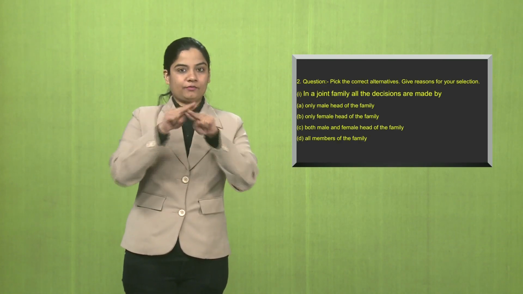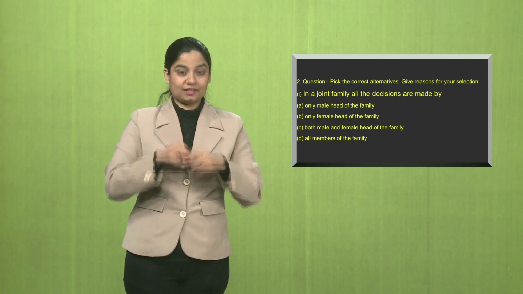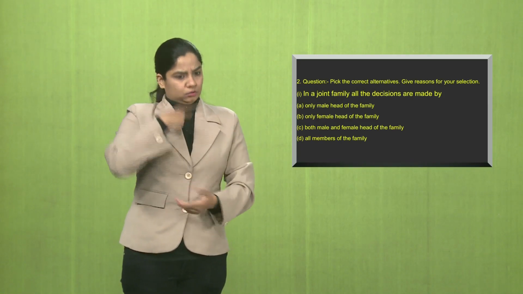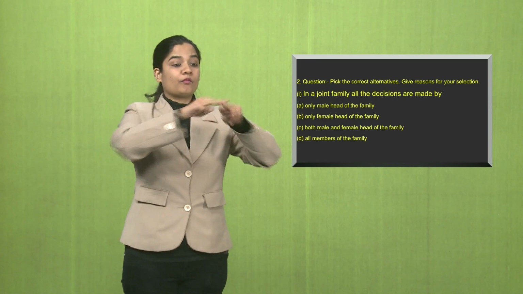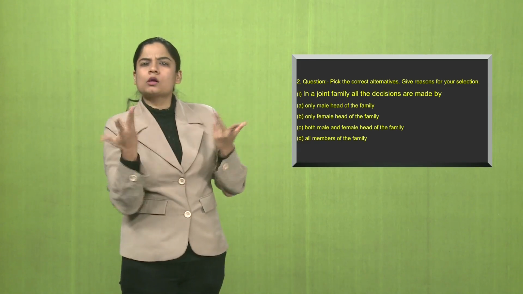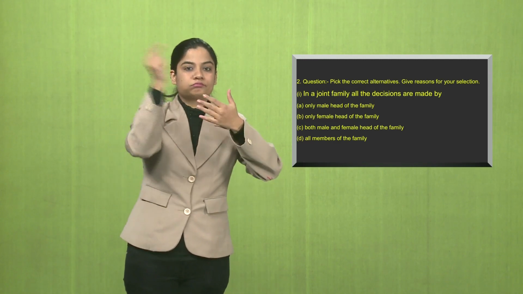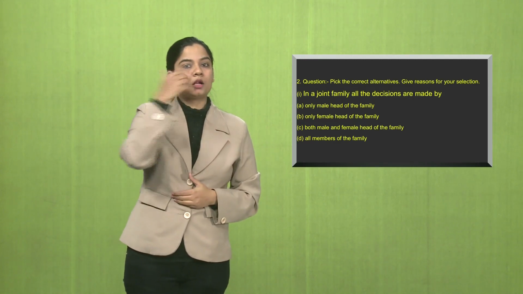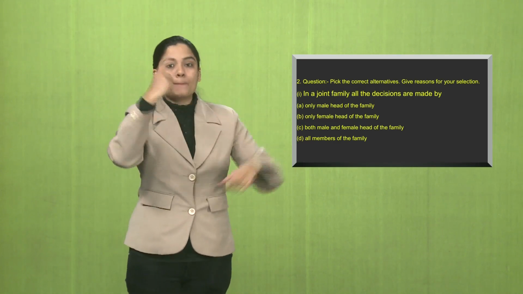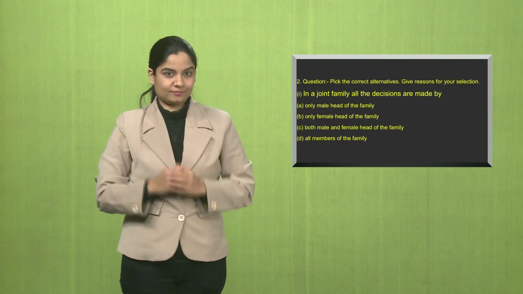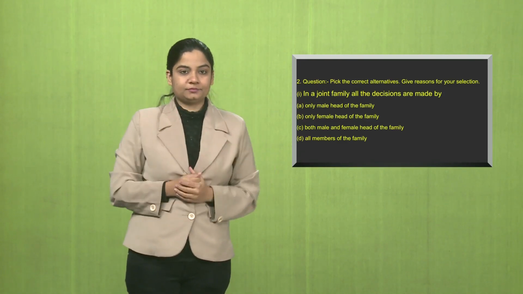Question second. This is related to joint family. Pick the right answer. In the joint family, all decisions are made by who? Who is the decision maker of the family? Let me give you the options.